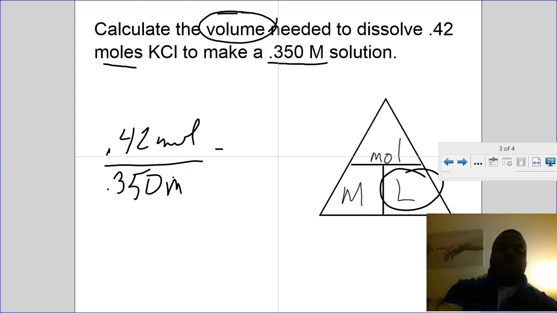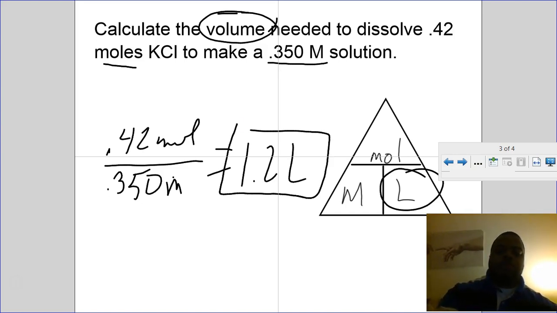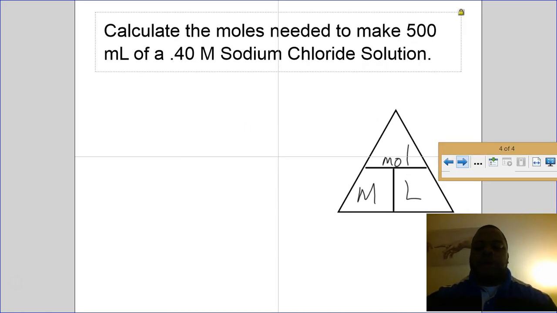I came up with, I need 1.2 liters of water in order to make this solution work. Now my hope is that as we're doing this it is making a little bit more sense to you, and you're starting to see how all of this relates. Let's do one more just to make sure, and then we're going to have you do a little bit more practice before you move on.